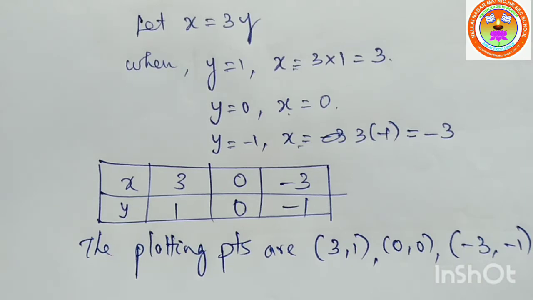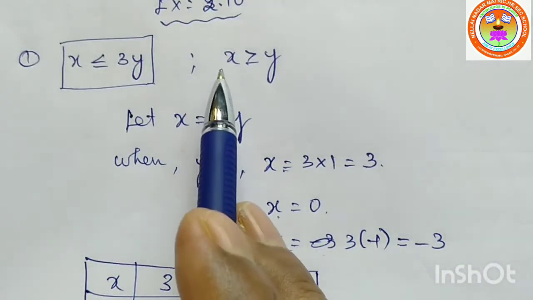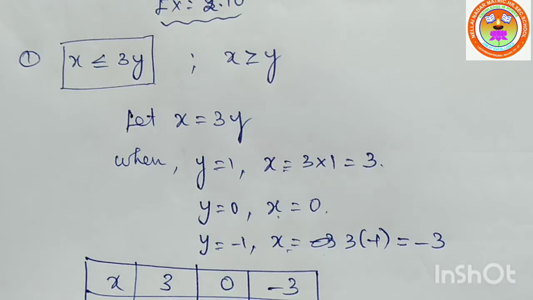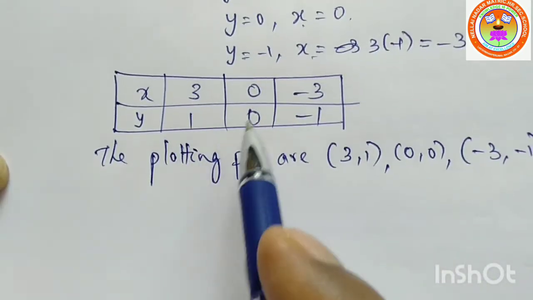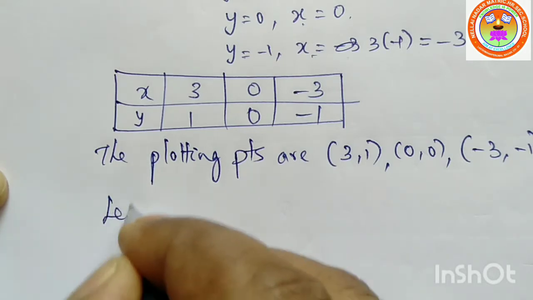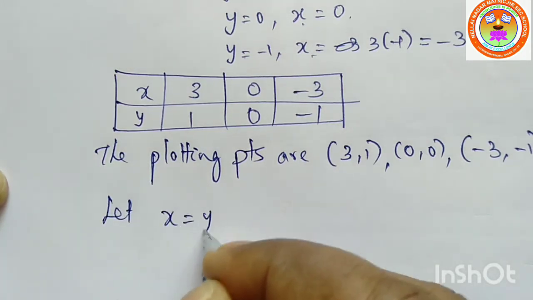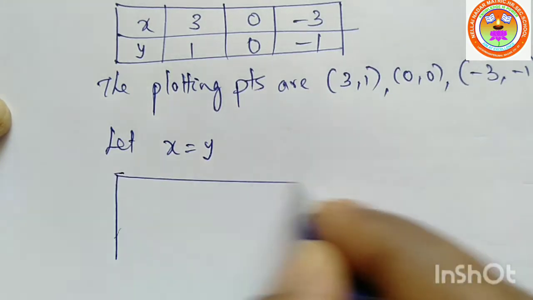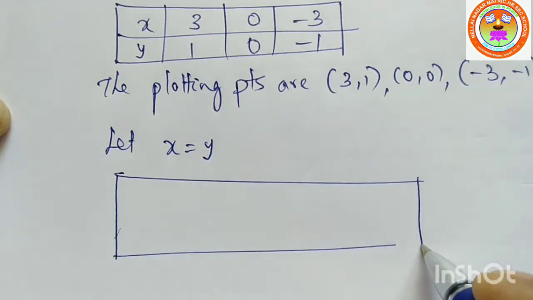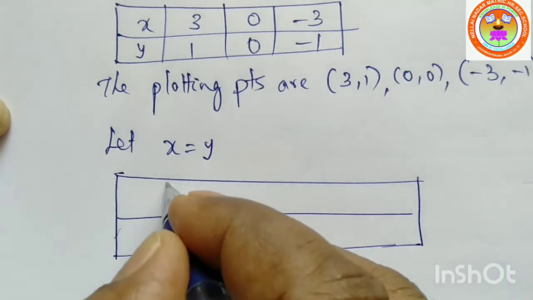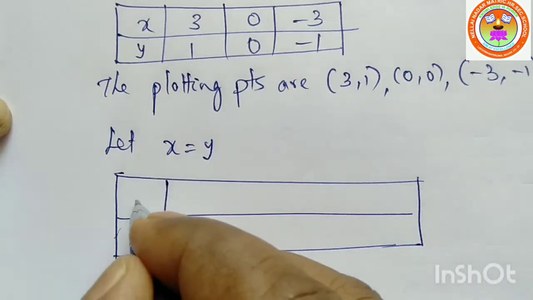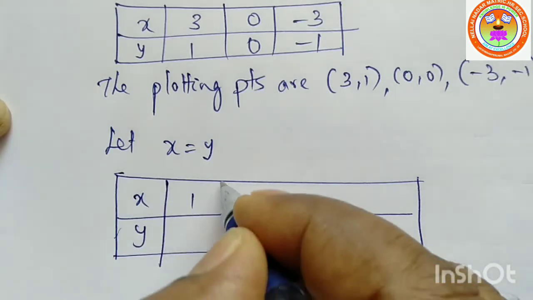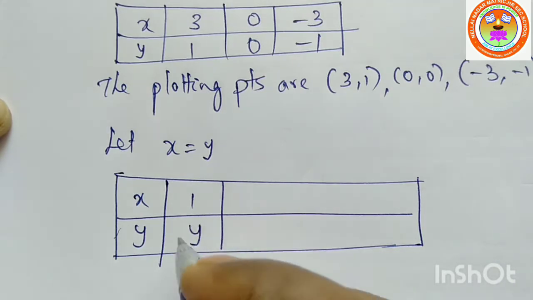Similarly, for the second inequality, x is greater than y, we can find the tabular column like this. Let x is equal to y. X is equal to y means if we apply any value for x, the same value we get for y, because both are the same. If we apply x is equal to 1, y is also 1.